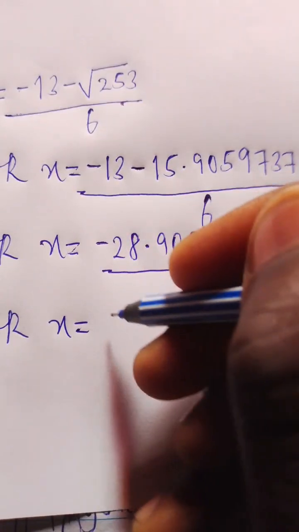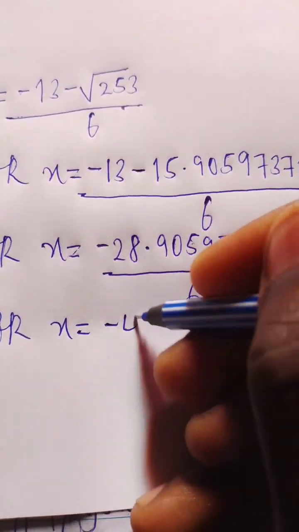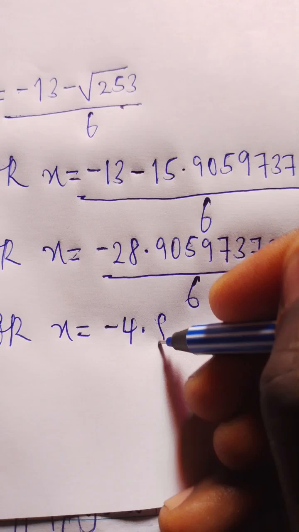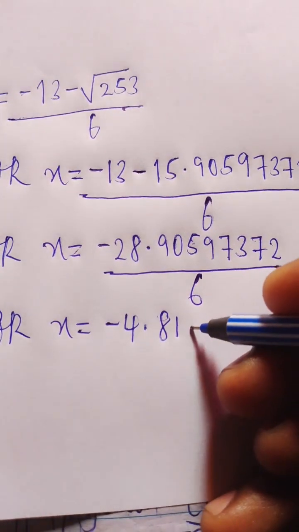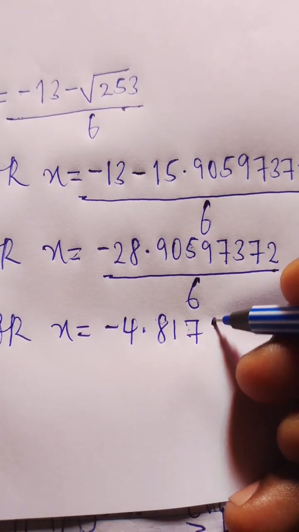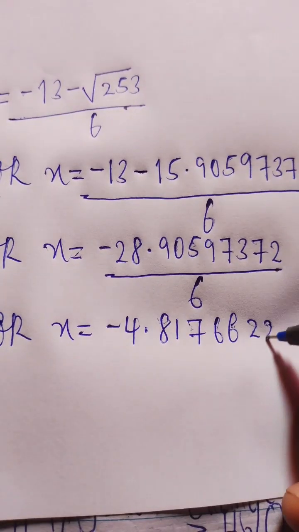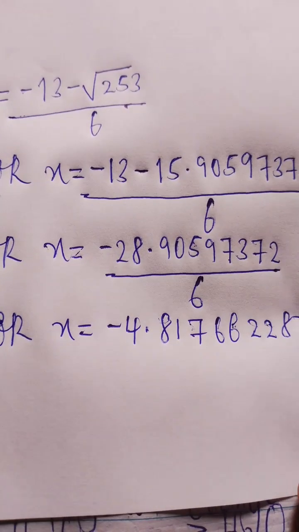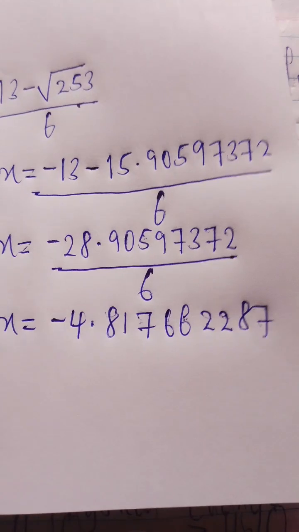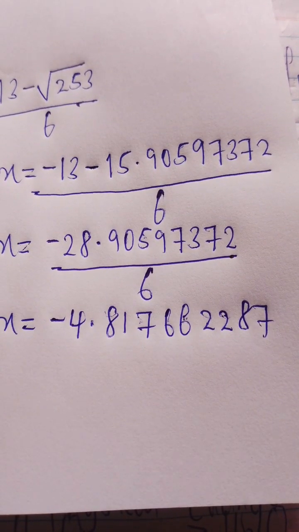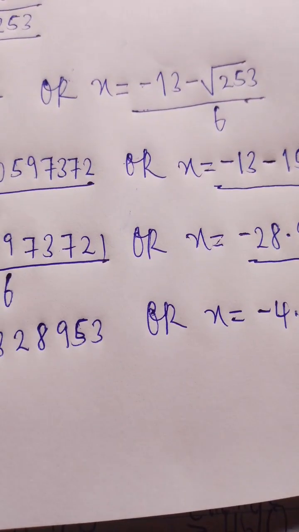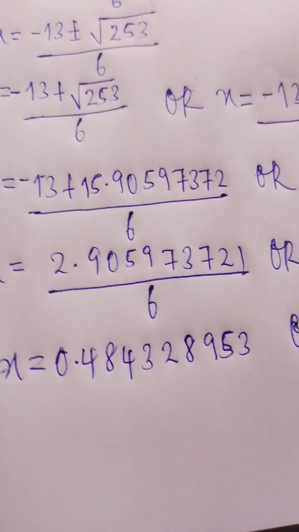This is giving negative 4.817662287. Remember, the question was giving the answer correct to 2 decimal places. So they simply mean the numbers after the decimal point must only be 2.